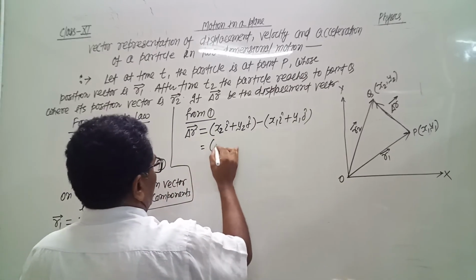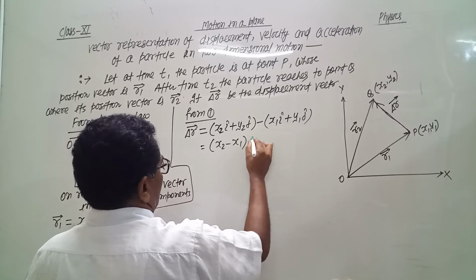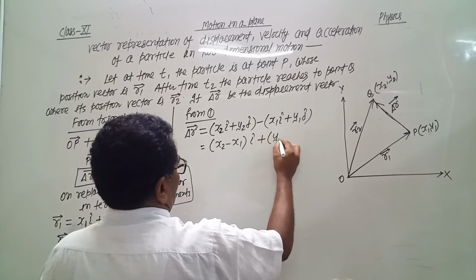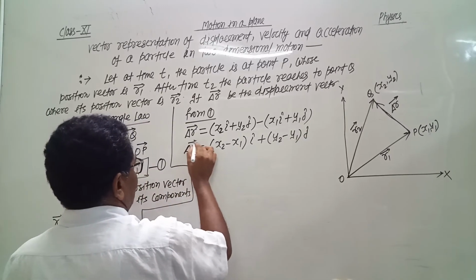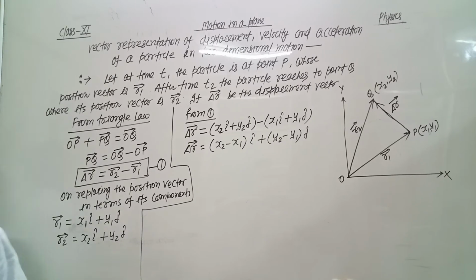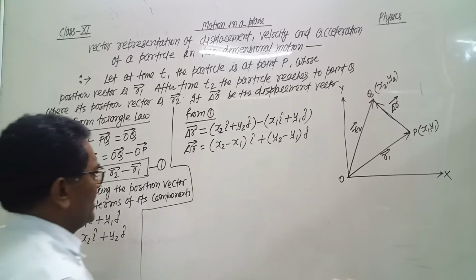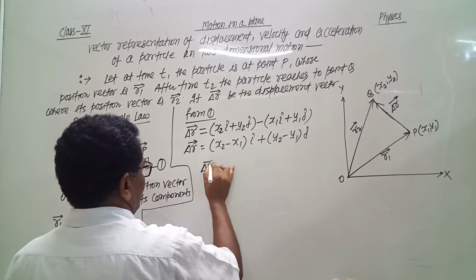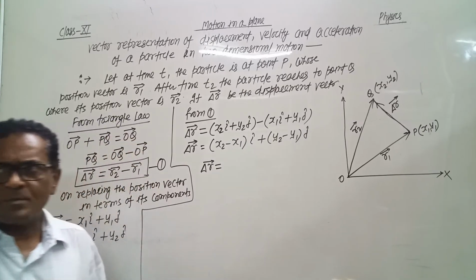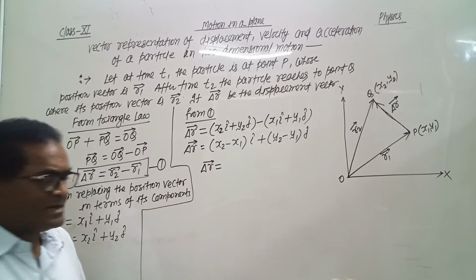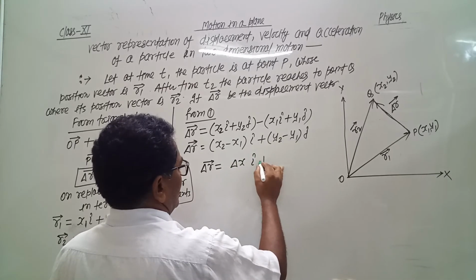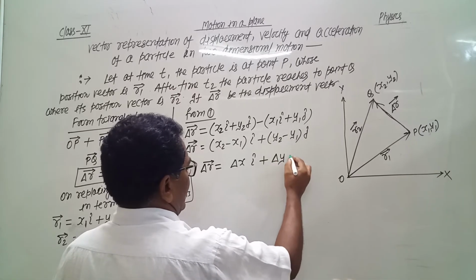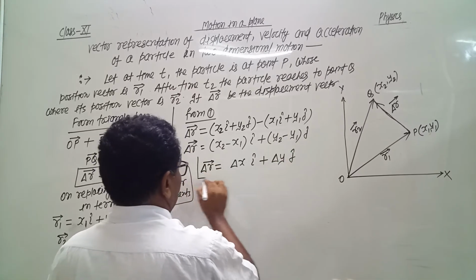So it gives x2 minus x1 i cap plus y2 minus y1 j cap, and this is the delta r vector. x2 minus x1 is written as delta x i cap, and y2 minus y1 is written as delta y j cap.